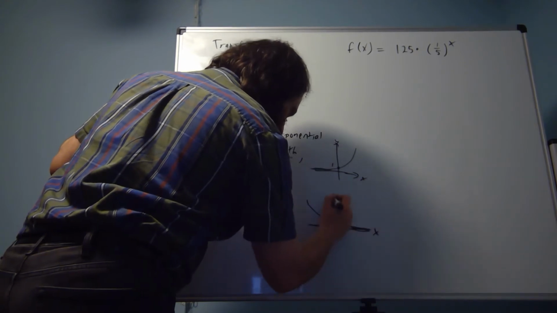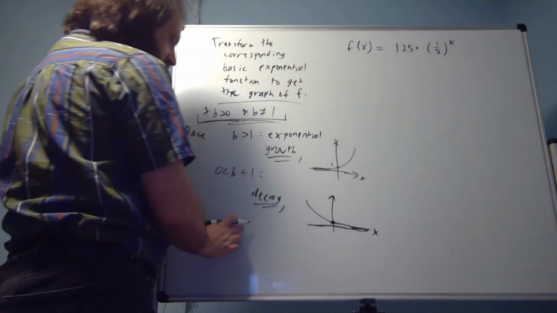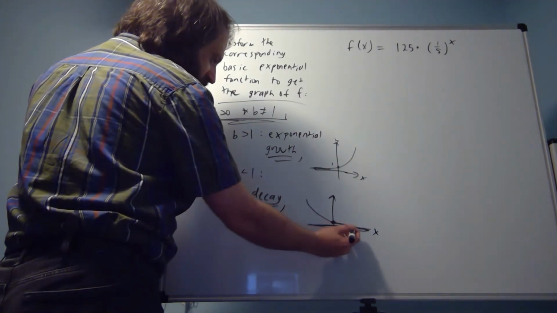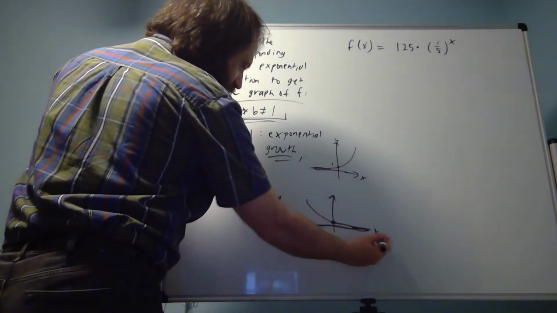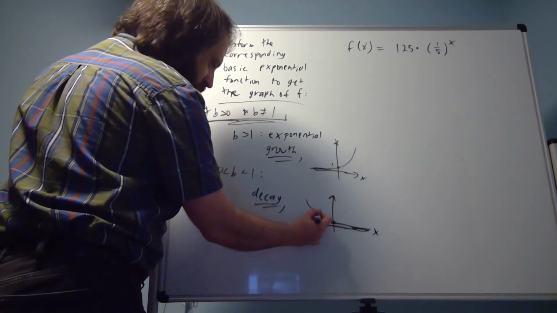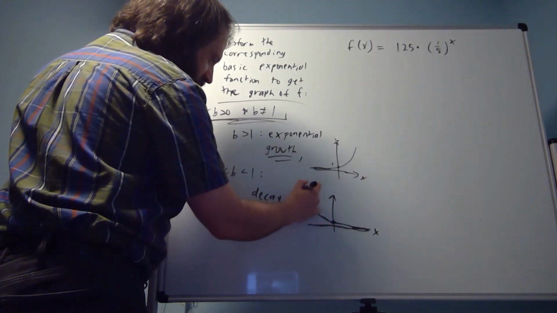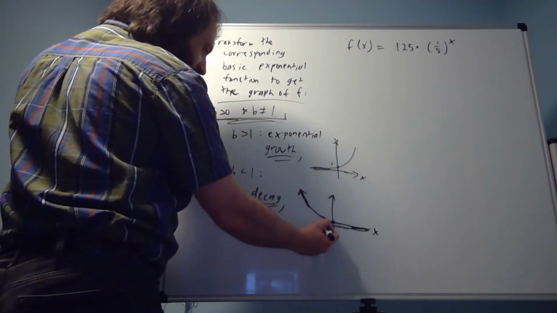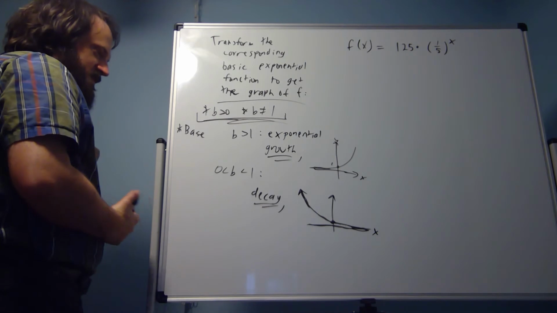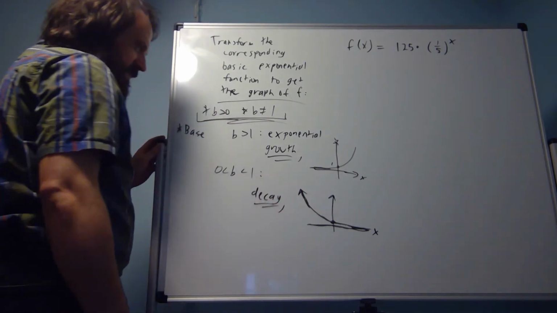If it's 1/2 to the x, you have 1, then 1/2, then 1/4, and then you go backwards in time. It's completely the opposite. 1/2 to the -1 is 2, and it's exponential growth going backwards in time, but going forwards in time, this one's decay.